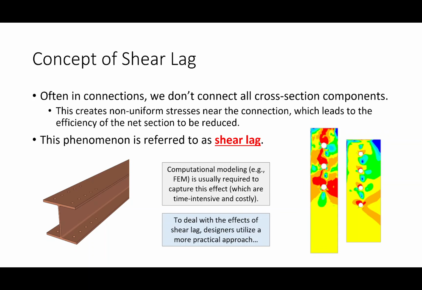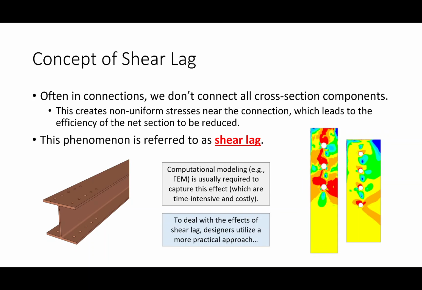We're slicing along the net section, and we can't ignore the fact that the stresses are non-uniform. But it's also very computationally expensive. It takes a lot of time and effort to accurately model these, so we need a way of handling it fast. And the way that we handle that is this.